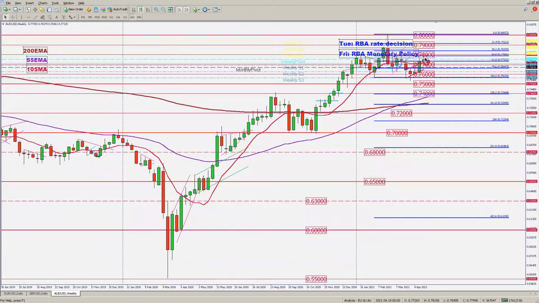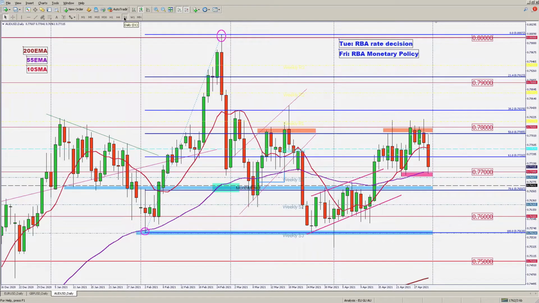On the weekly time frame, it's also turned bearish for the week. So on Friday, there will also be an impact from the non-farm payroll report. Let's see if we need to extend this as a potential support level.